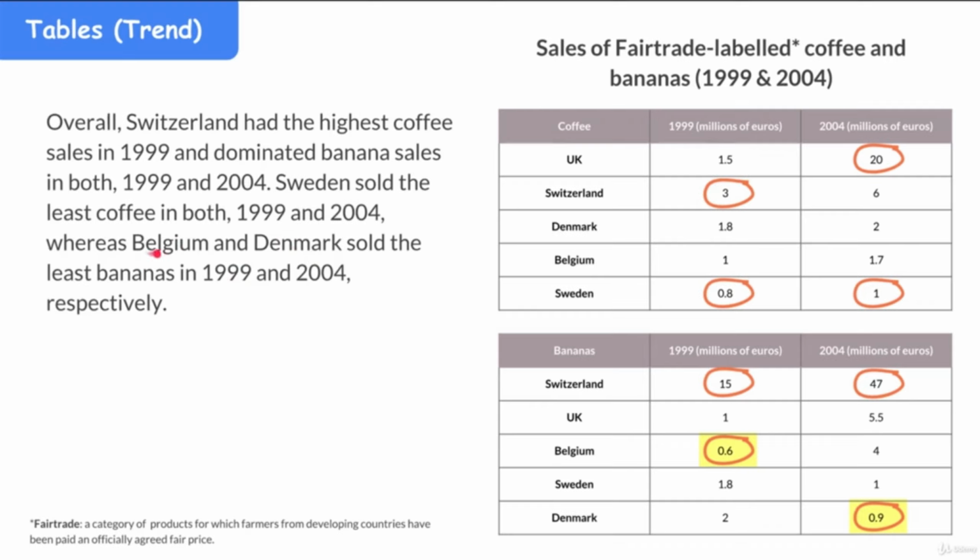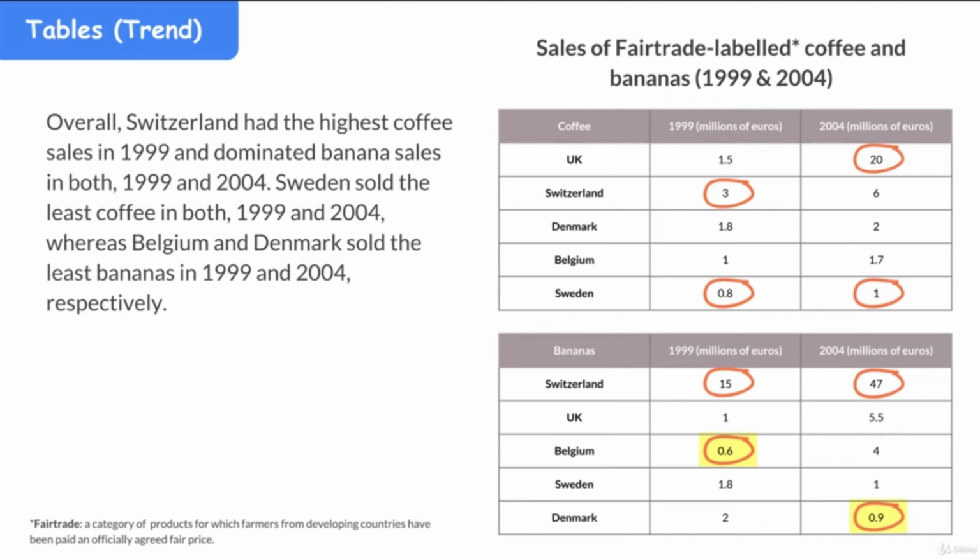So if I say Belgium and Denmark sold the least bananas in 1999 and 2004, this means that the year 1999 is talking about Belgium, whereas the year 2004 is talking about Denmark. So Belgium corresponds to 1999 and Denmark corresponds to 2004. So that's how we use the word respectively.